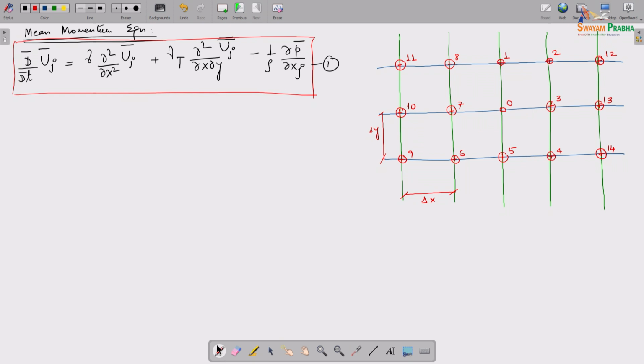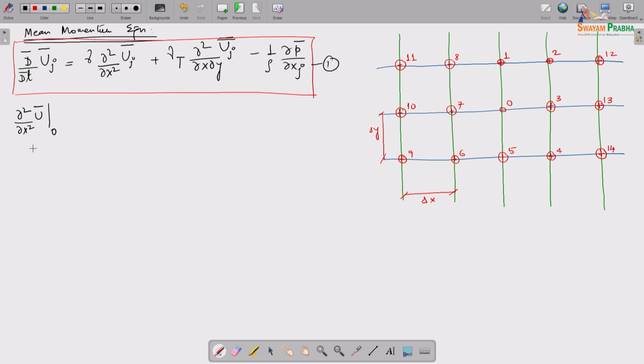Okay. All right. So let's just say that this second order derivative, let's look at that. Let's say del 2 u by del x2. Now let's decide at which location we shall take this. Let's just say we'll take this at this location, which is 0. So this one at location 0.